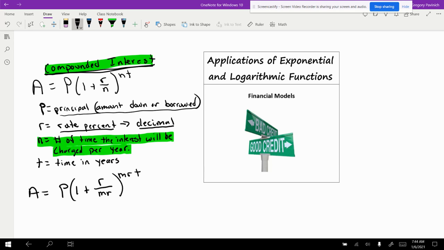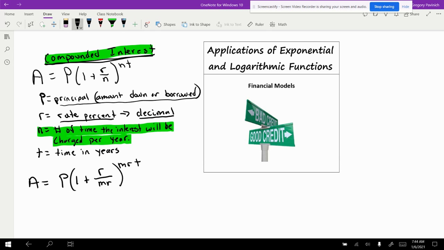And then what that created was this scenario where now my r's cancel off, and I'm left with 1 over m, and then I have m, and then all of this is going to be raised to the rt.